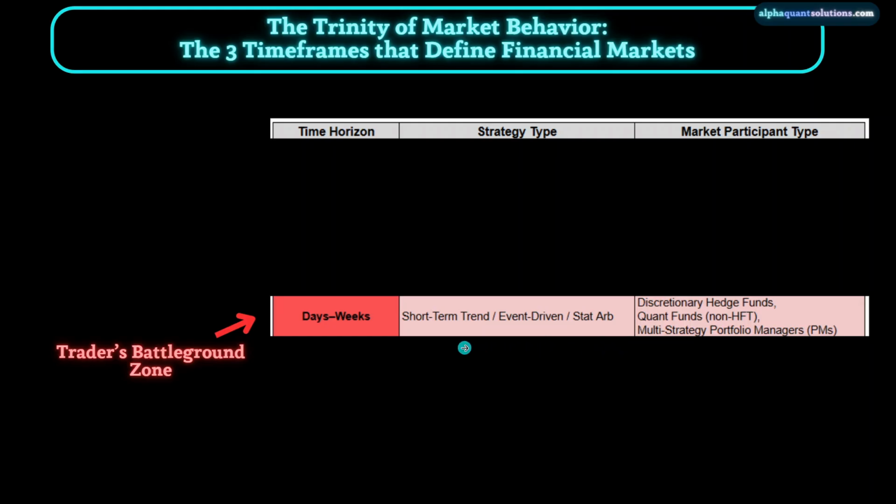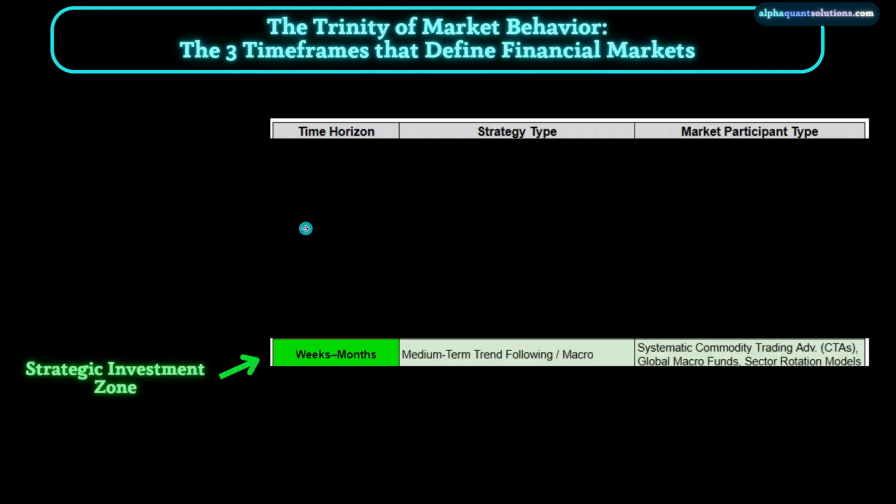To conclude, I would say, like the other two traders' battleground zones, this row, also spanning from a few days to a few weeks, is both highly competitive and also rich in strategy diversity.